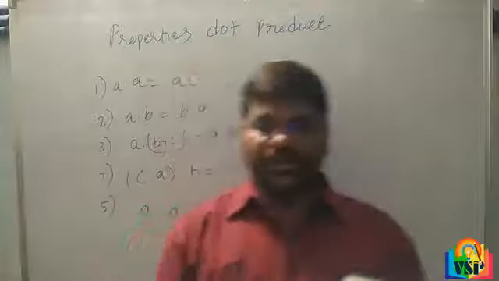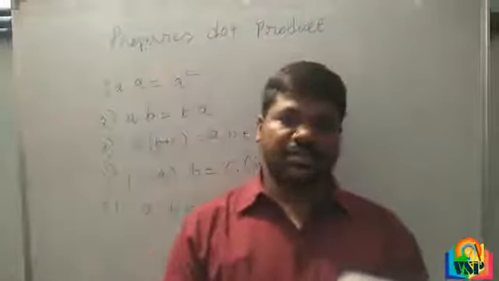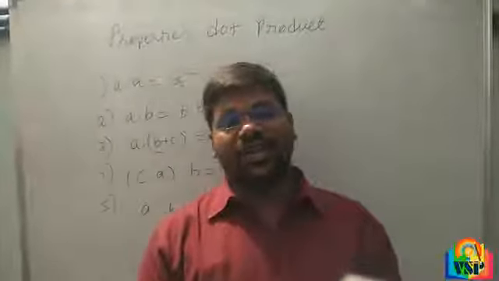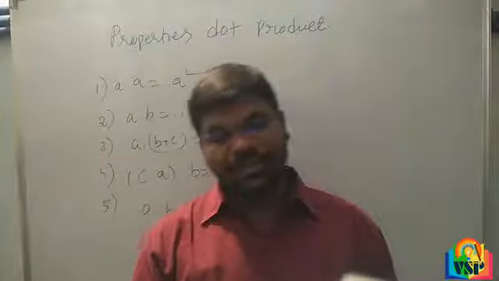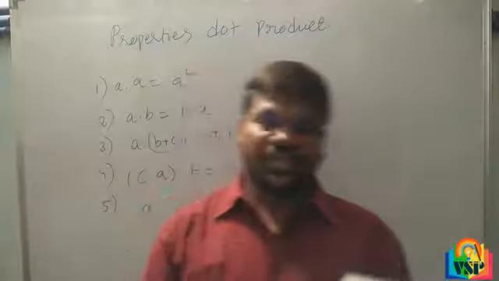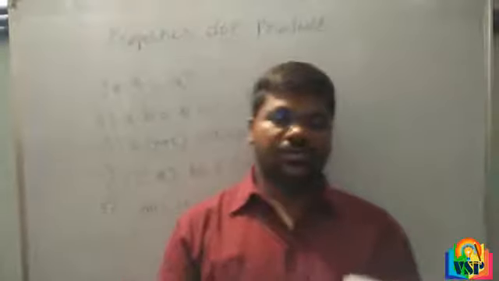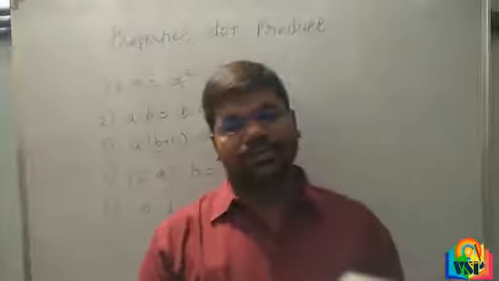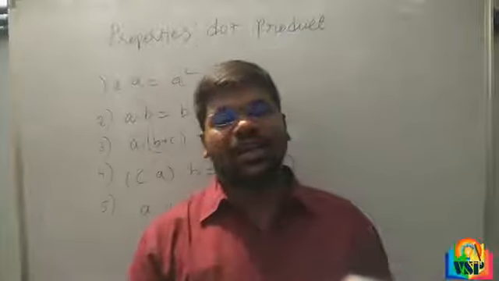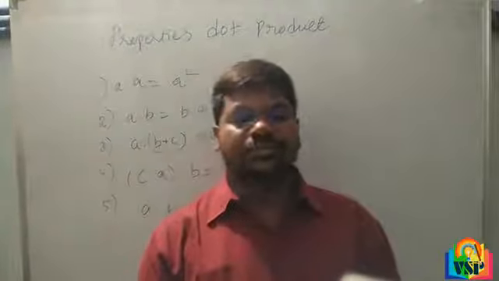Third one, A bar dot (B plus C) is equal to A bar dot B bar plus A bar dot C bar.